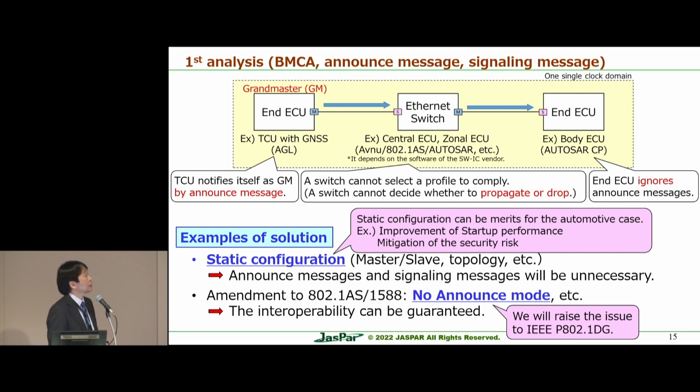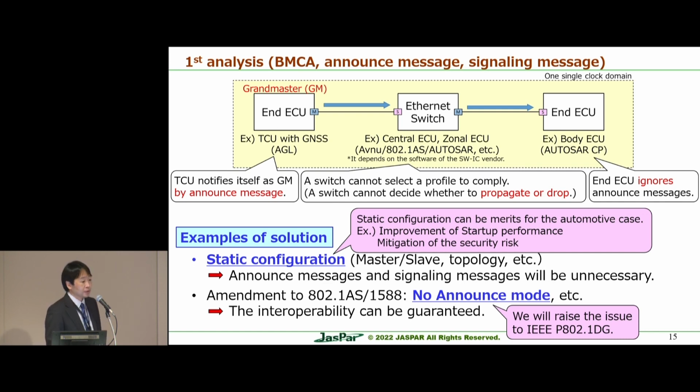We'll show you examples of JASPAR solutions. The first solution is that we adopt a static configuration by setting the TCU to master statically. Announce message and signaling message will be unnecessary.